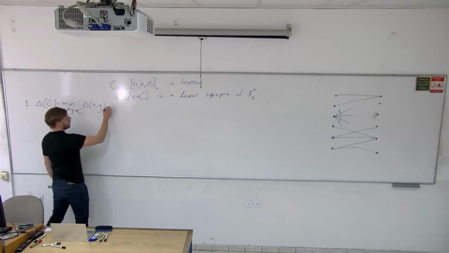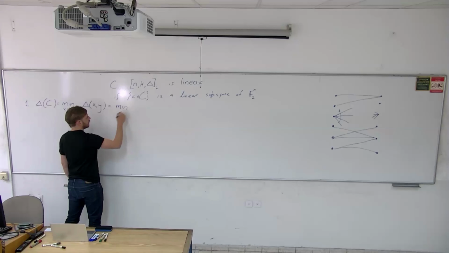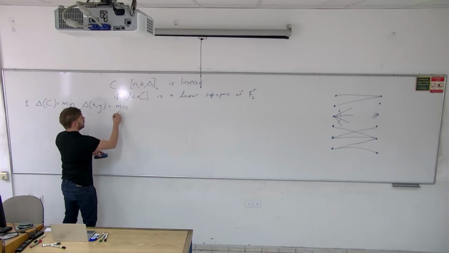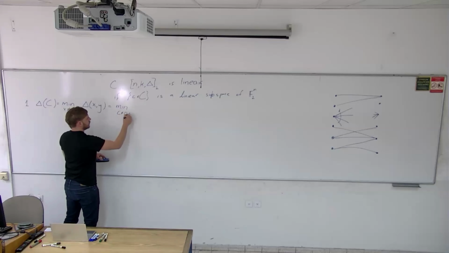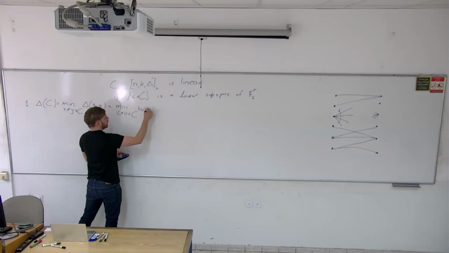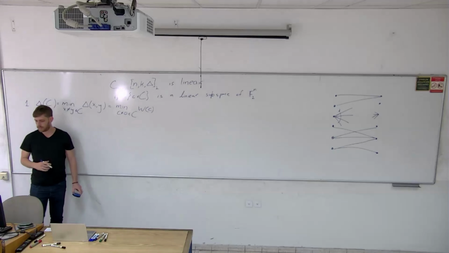But in a linear code, this is just the same as the minimum weight: you take a non-zero code word, and just check its weight. Right? You saw it in the course.